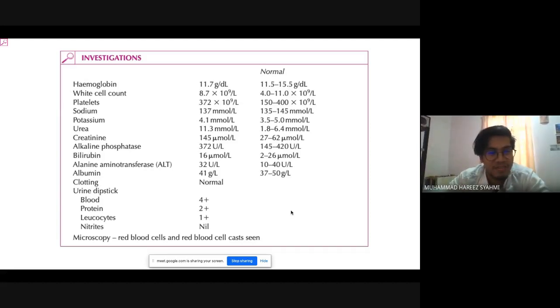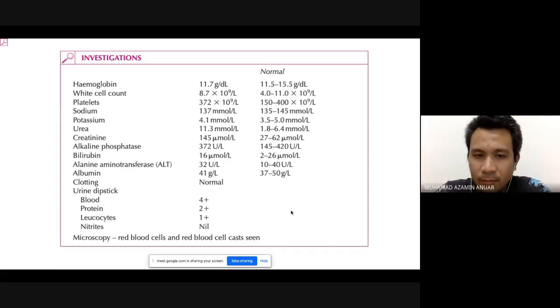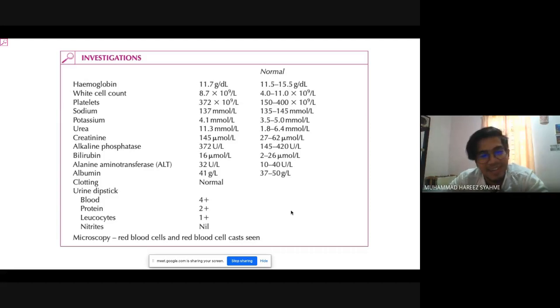There's a leukocyte present, but there's no nitrates. So we can still diagnose as UTI because of the presence of leukocyte.